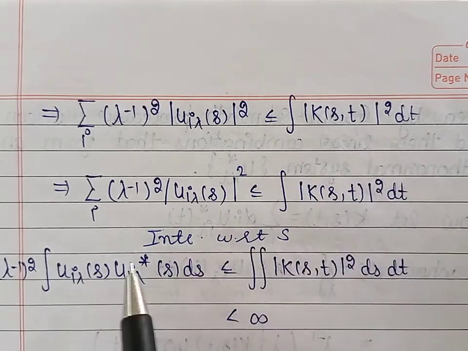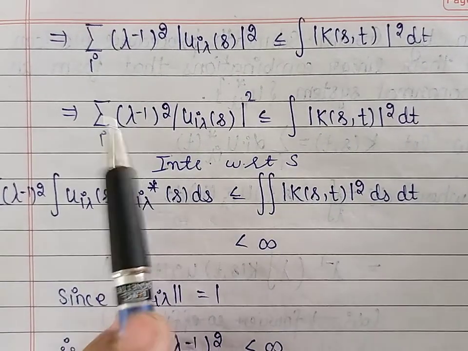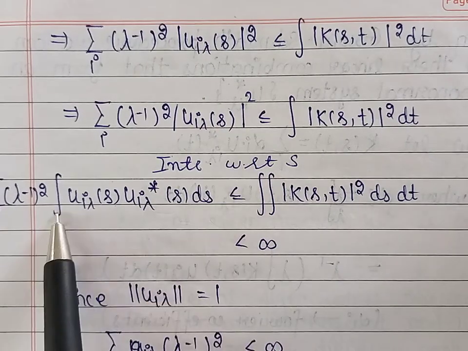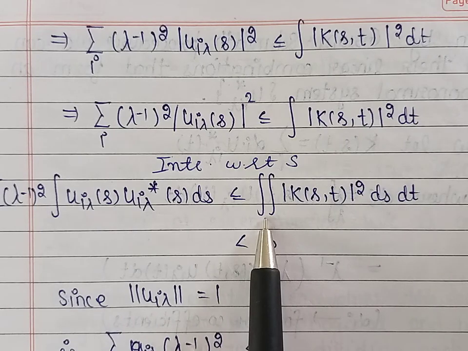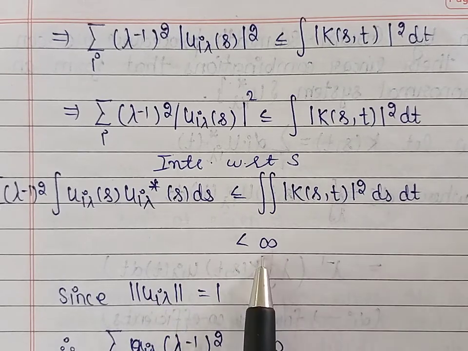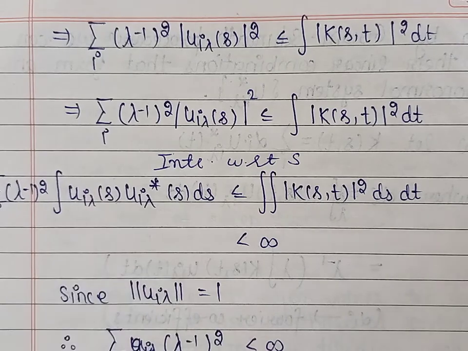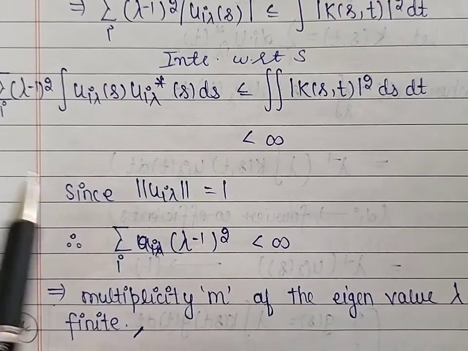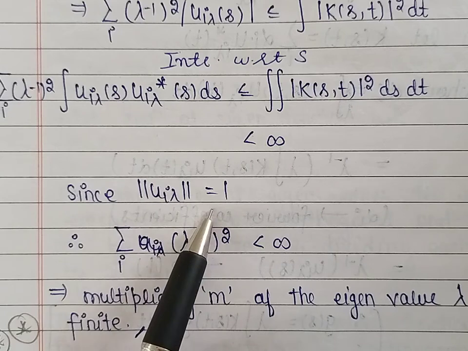Now integrating both sides with respect to s, we get summation lambda inverse square times the integral of ui lambda mod square with respect to s. On the right hand side also we have integrated with respect to s. Now the kernel is square integrable, so this expression is finite, less than infinity, and also the sequence of the functions ui lambda is an orthonormal sequence. Therefore the norm of each function in the sequence is 1, so the norm of ui lambda is 1.